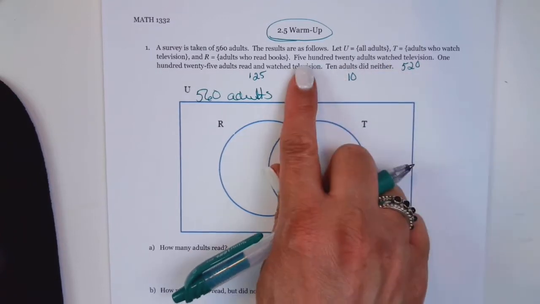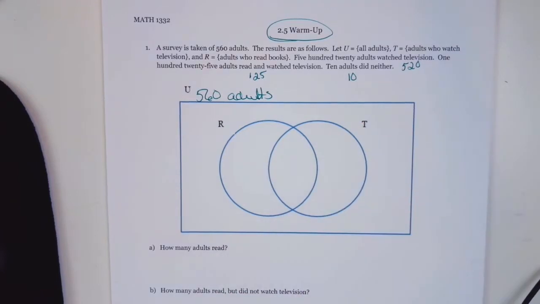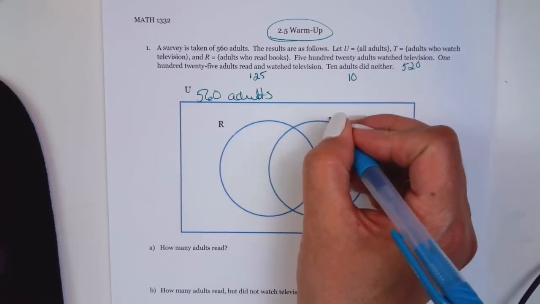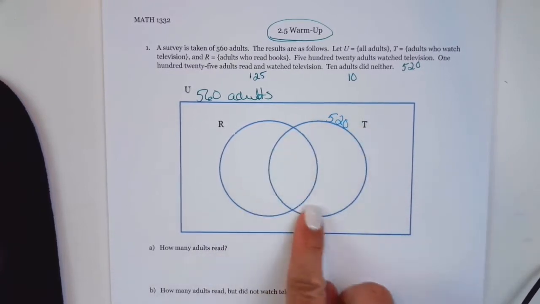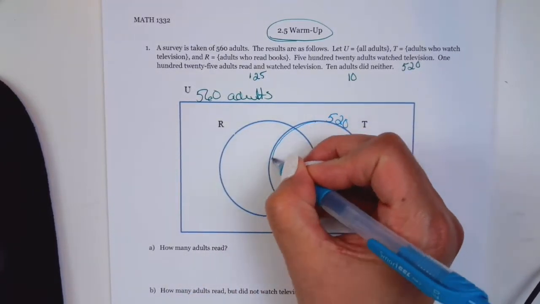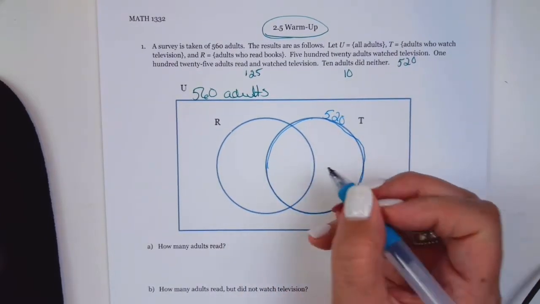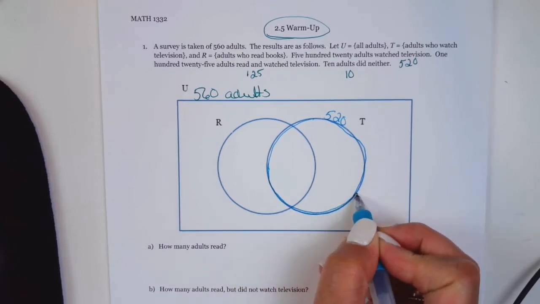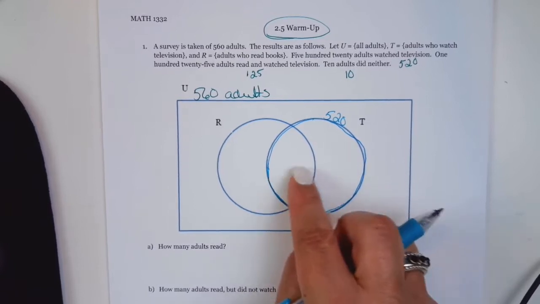Now, we know that 520 adults watched TV. So we're going to put that 520 outside here for now. It belongs to this whole circle here, but we don't know yet which part of the circle goes where, because we have two parts of the circle.